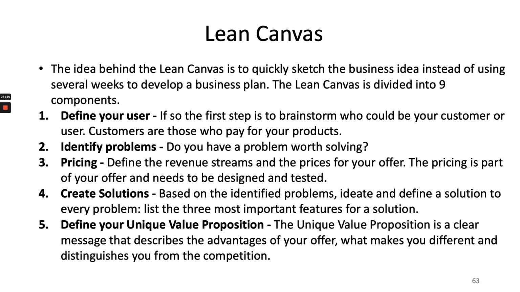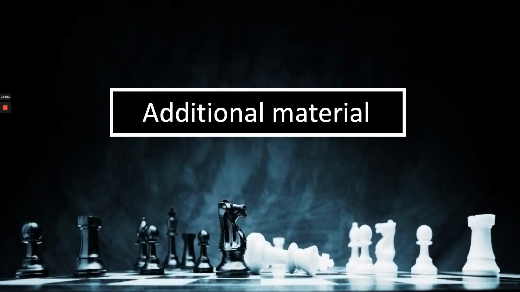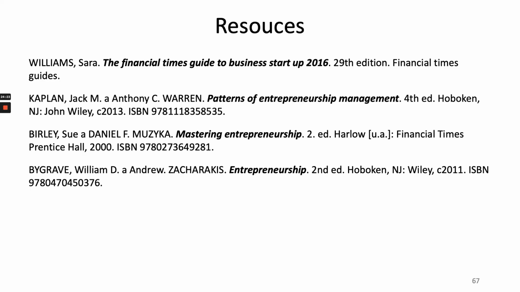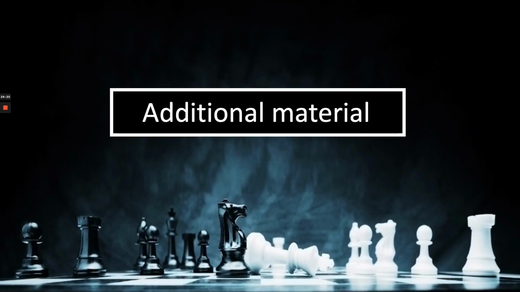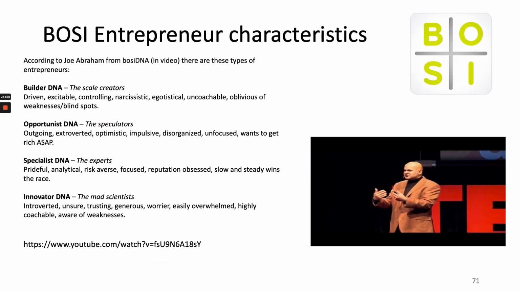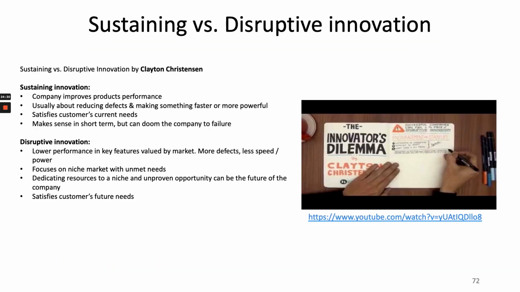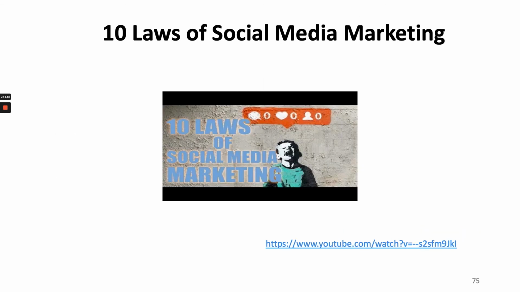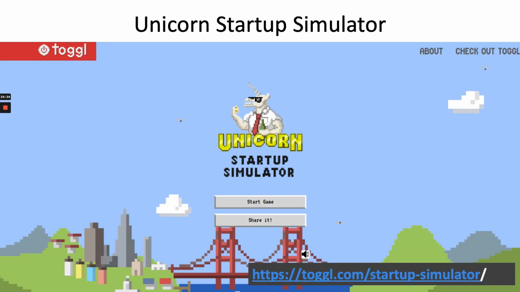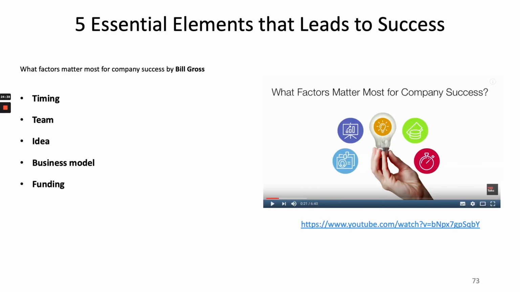This is about Lean Canvas, and a list of resources and additional material. You can read here some videos, some inspirations, and so on. So don't worry, just use it as you will, and I think it will be helpful for you.